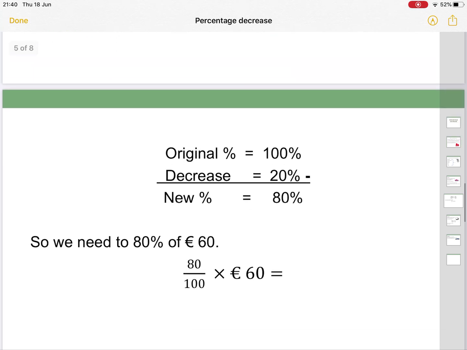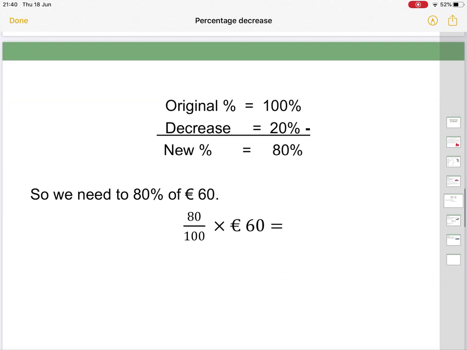So the new percentage, the percentage during the sale, is 80% of the original amount of the items. So we need to find 80% of the original price of the trainers, which was €60. So 80% of €60.